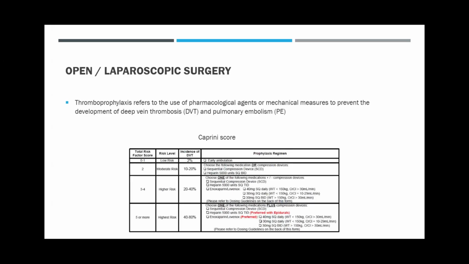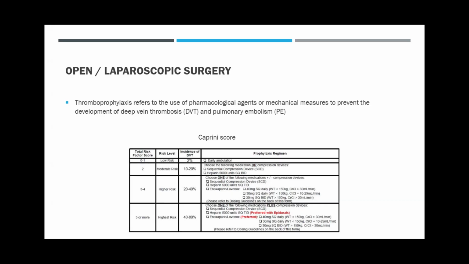And one of the most common, one of the most dangerous complications post-open surgery is DVT and PE. That's why we use the Caprini score for prophylaxis, and it weighs the benefits and risk of using thromboprophylaxis.